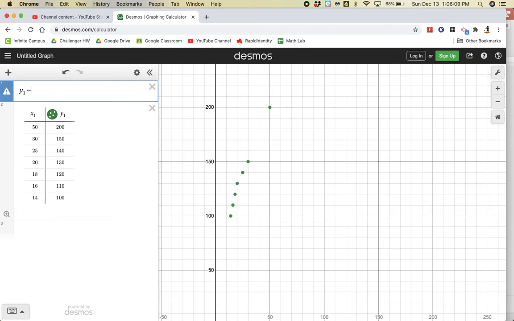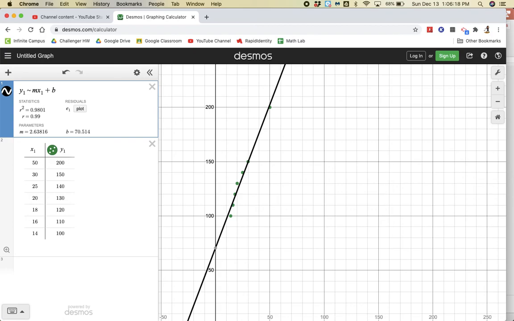So that's the squiggly approximate symbol. And then you're going to type mx1 plus b. Now, as soon as you do that, before even hitting enter or anything else, you see that this information pops up below, and it actually draws your line of best fit for you.